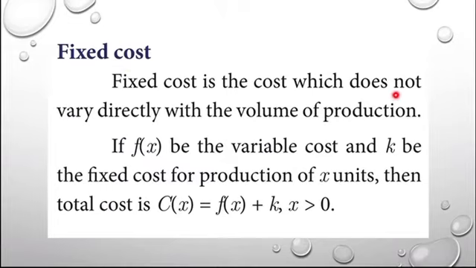Fixed cost is the cost which does not vary with the volume of production. Volume of production kuda vary agada cost is known as fixed cost. So, the cost function is equal to f of x plus k. F of x is the variable cost, k is the fixed cost or constant.